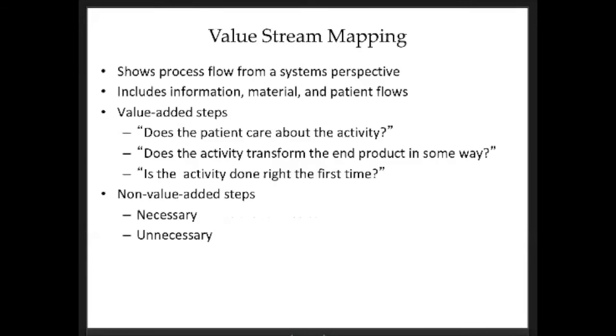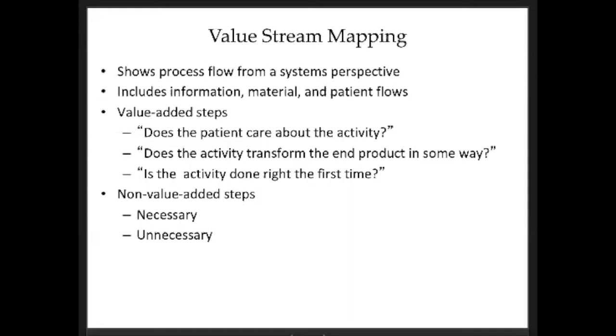Value stream mapping came up as we were discussing Kaizen, and that is essentially a pictorial representation of the entire process flow. Unlike the process flow chart that we looked at in week one, value stream mapping looks at the flow of products or patients, or whatever the actual movement of the physical, tangible thing is.